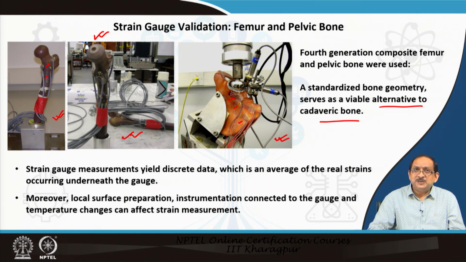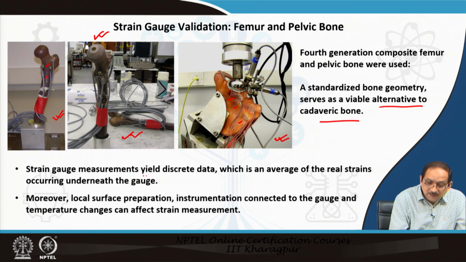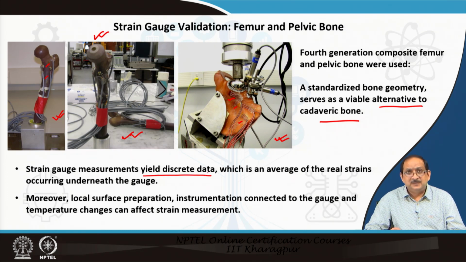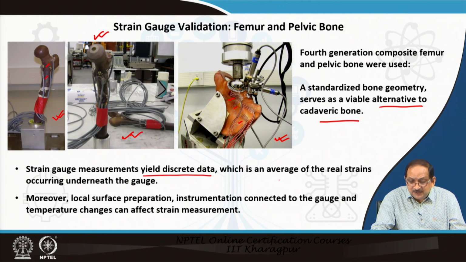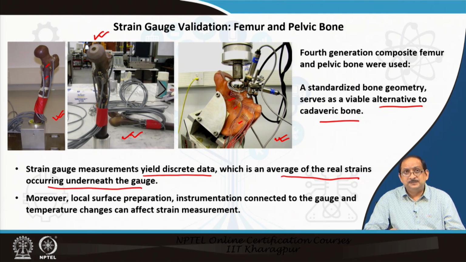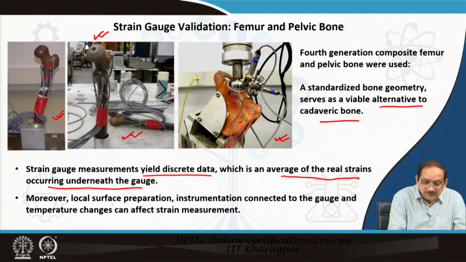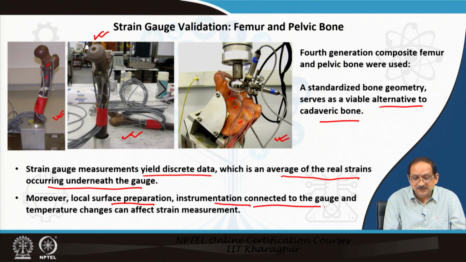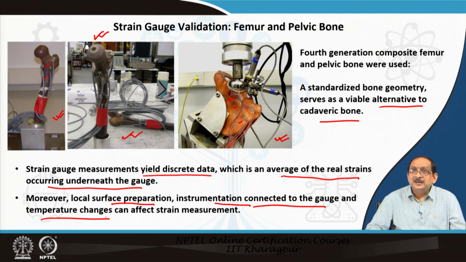Strain gauge measurements, as you might know, yield discrete data, which is an average of the real strains occurring underneath the gauge. Moreover, local surface preparation, instrumentation connected to the gauge and temperature changes can affect strain measurement.